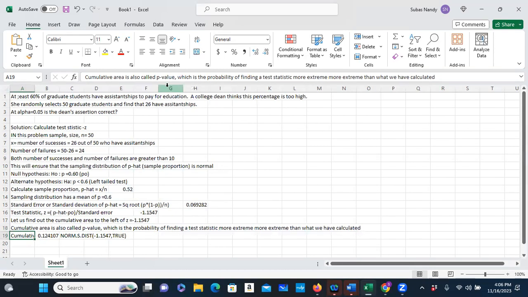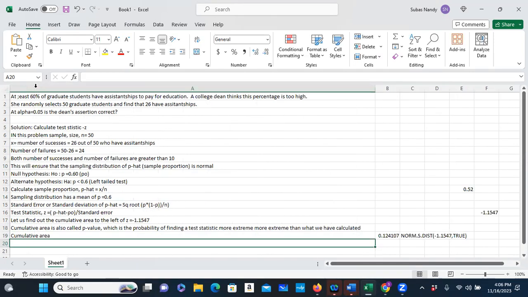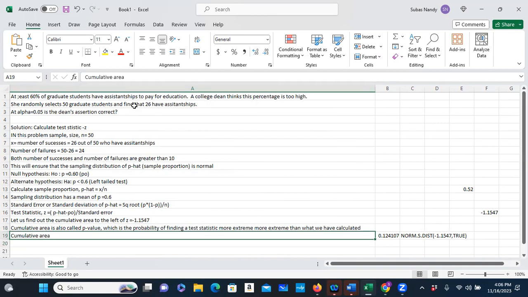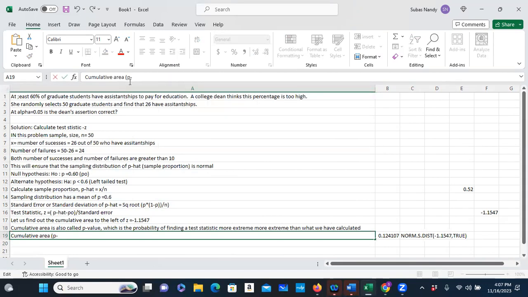Cumulative area is the same as the p value, and that is the formula that I am going to use: NORM.S.DIST of minus 1.1547 comma true is the p value.